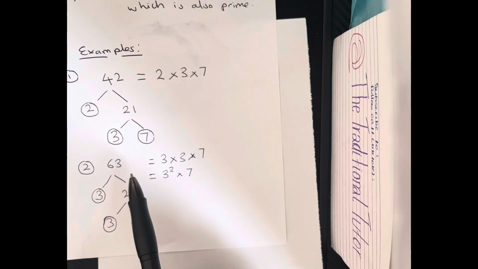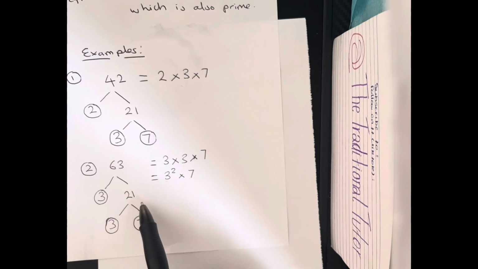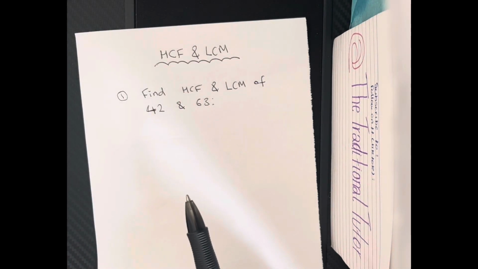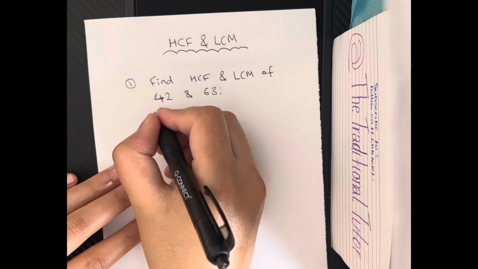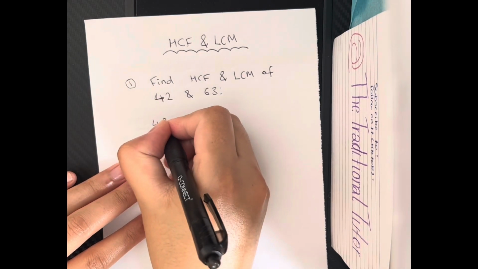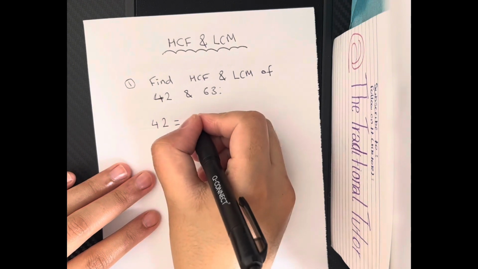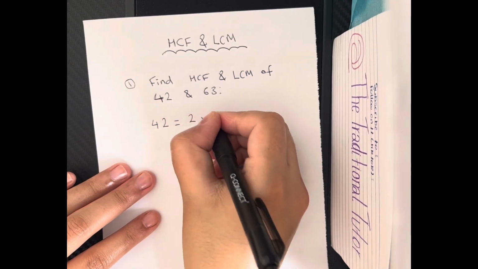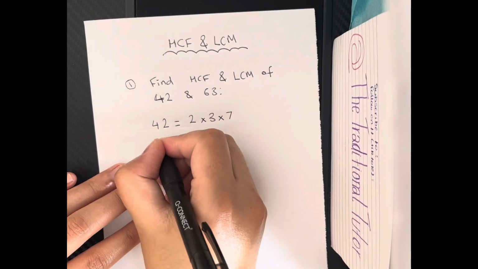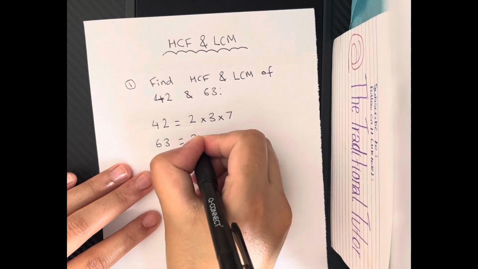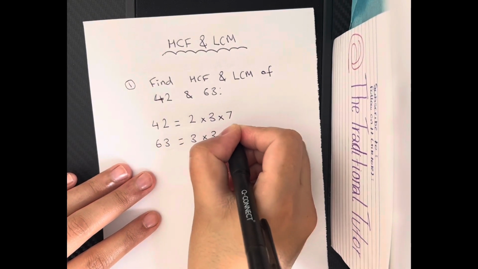Okay, we looked at how to be doing the prime factorization of them. So just to make things quicker, we'll just use the same numbers in this example. So if we recall, 42's prime factors were 2 times by 3 times by 7, and 63's were 3 times by 3 times by 7.